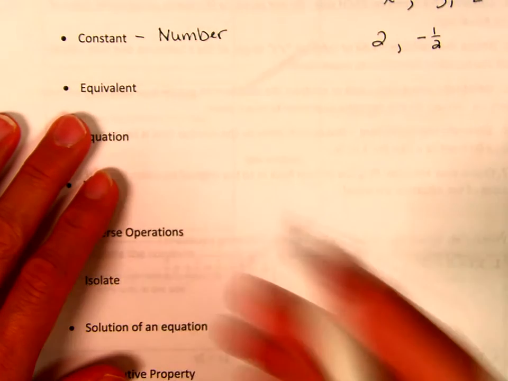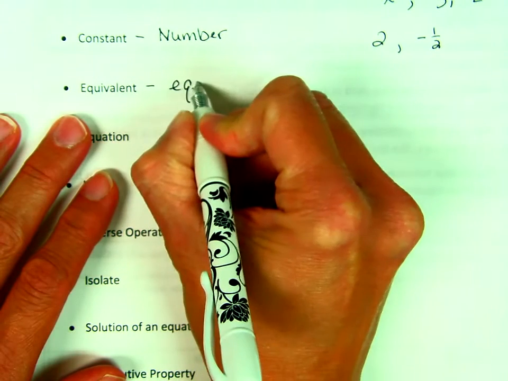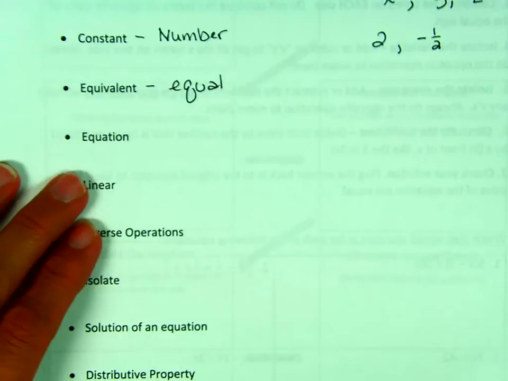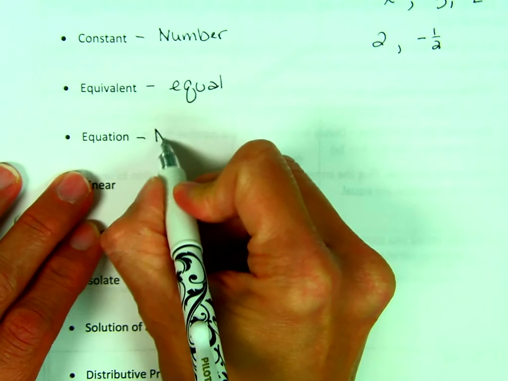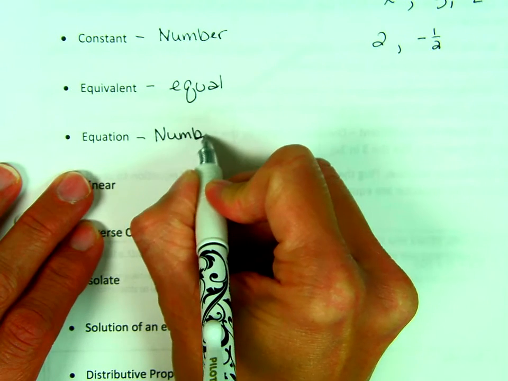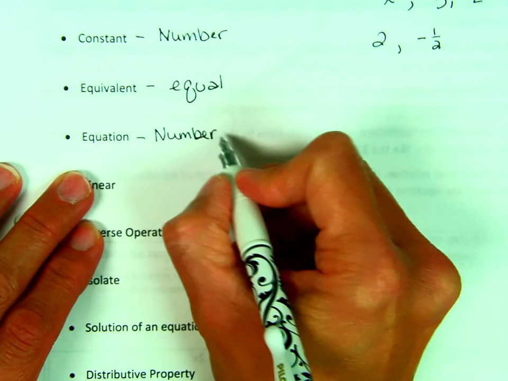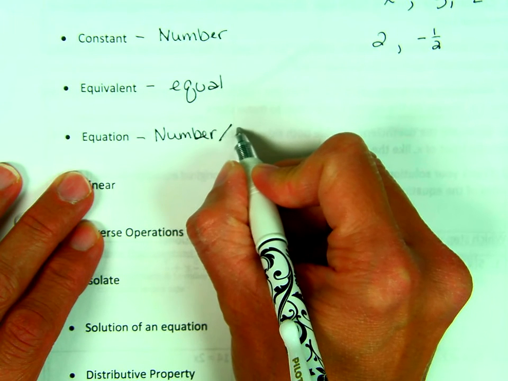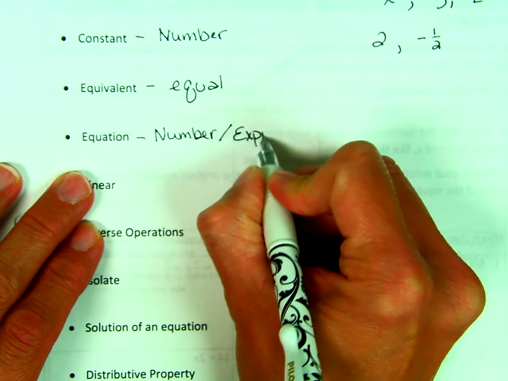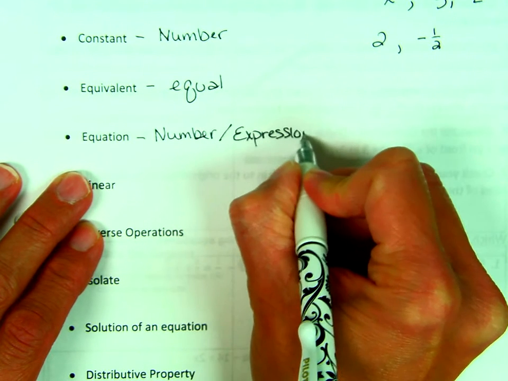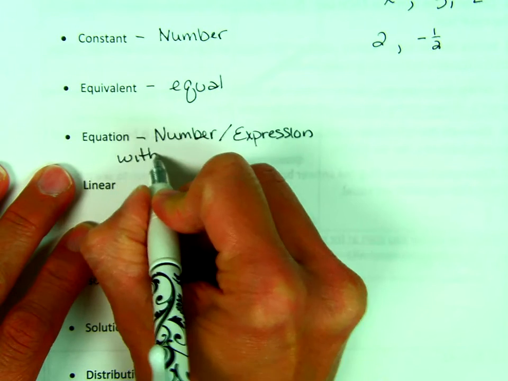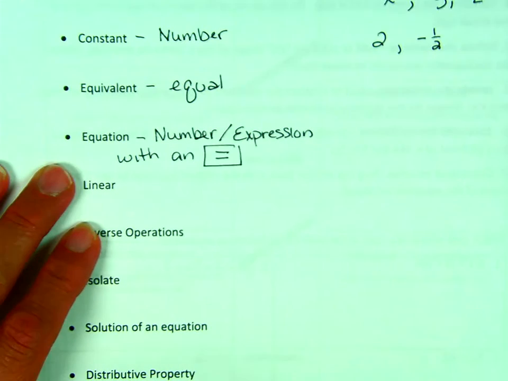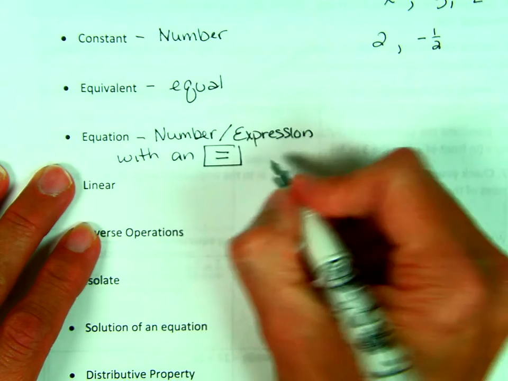Equivalent, we're just going to remember, means equal to, the same as. So when you write an equation, it's a number or variable expression with an equal sign. This is the important part. It's not an equation if it doesn't have an equal sign.